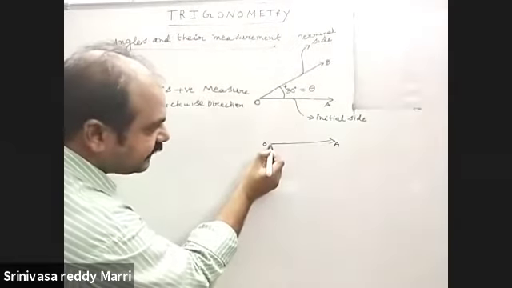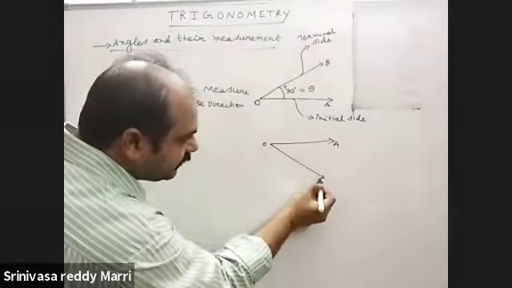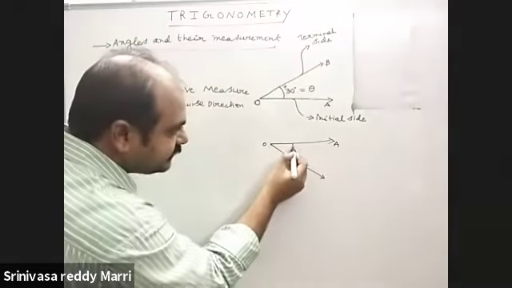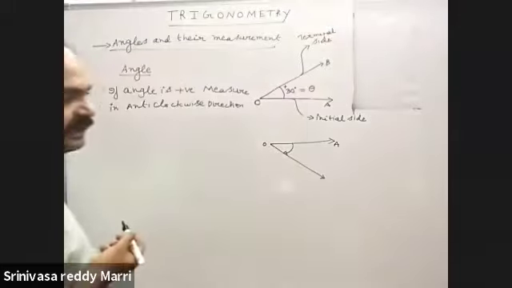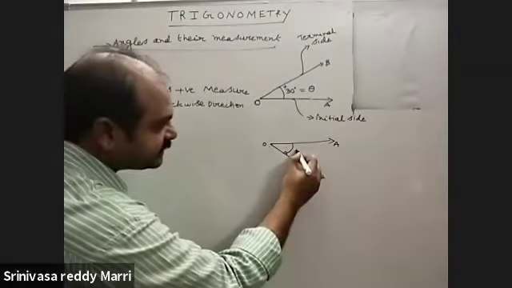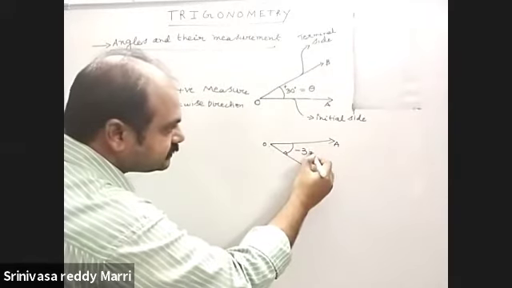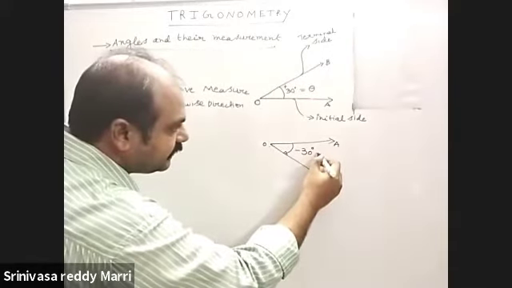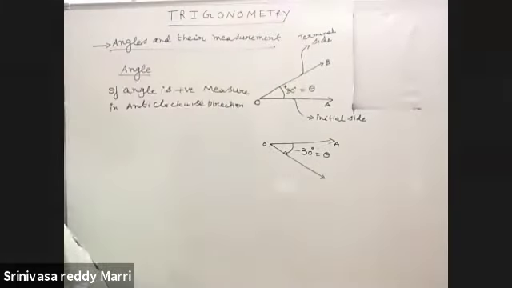So measure the angle 30 degree using a protractor and then we will draw the ray like this. Like this arrow we will indicate that we have measured the angle in clockwise direction. This is called minus 30 degree. This theta is considered negative.